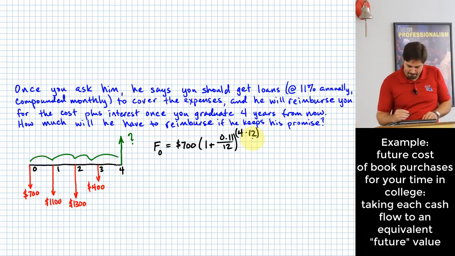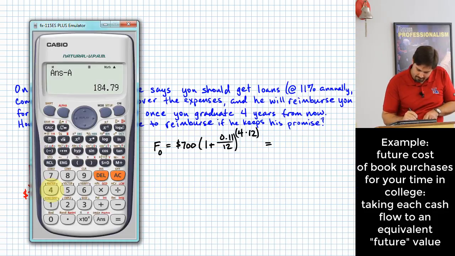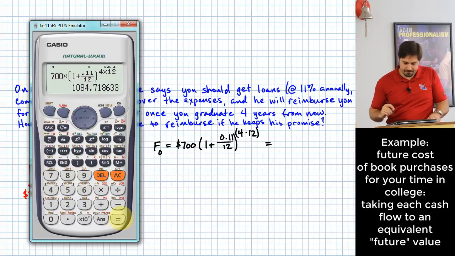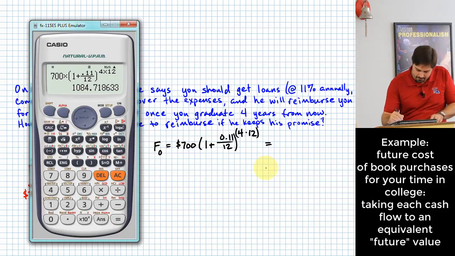So now how much is this going to be? 1 plus 0.11 over 12. And this will be taken to the 4 times 12. Which would be 1,084.72.